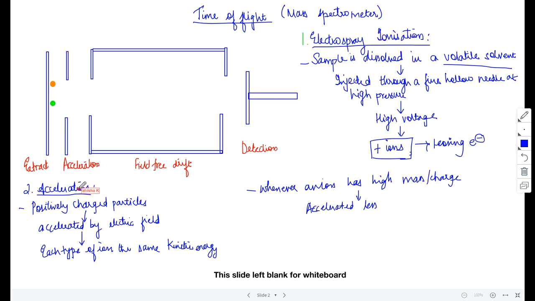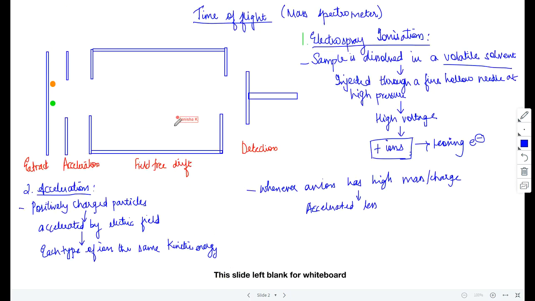And you understood the concept of acceleration over here? Yes. So if you want to note it down, then I'll move on. Okay.